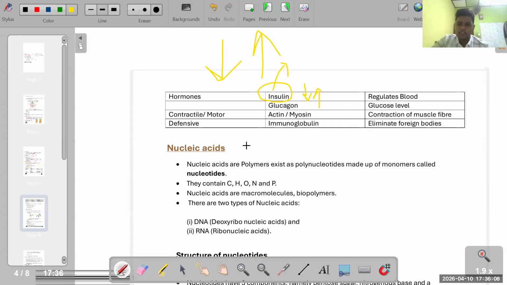These immunoglobulins eliminate foreign bodies when the body is affected with some sort of virus or some sort of disease. These immunoglobulins are the ones that fight against them. Antibodies eliminate foreign bodies, right? Simple as that. So that's the end of the protein section.